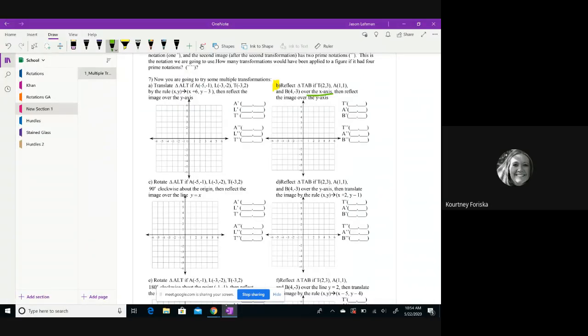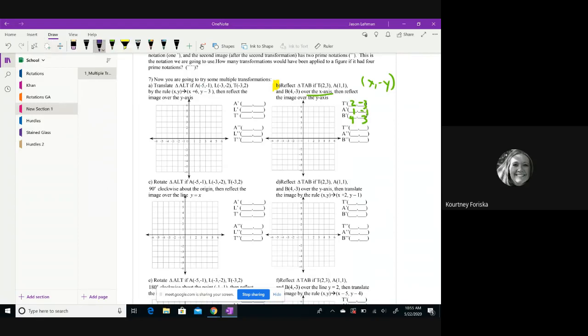So x, opposite of y, let's fill them in. T, 2 stays the x, opposite of 3, negative 3. 1 for the x, the opposite of 1 is negative 1. And for B, the x stays 4, opposite of negative 3 becomes a positive 3.